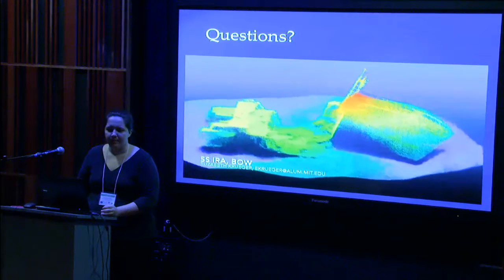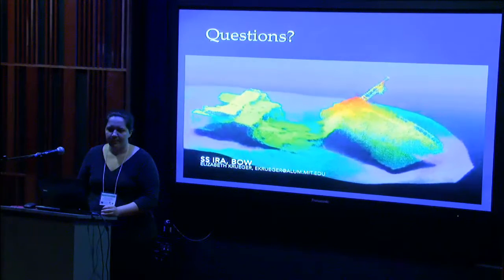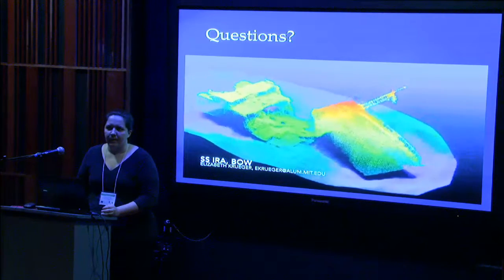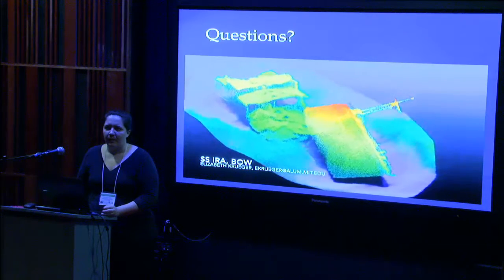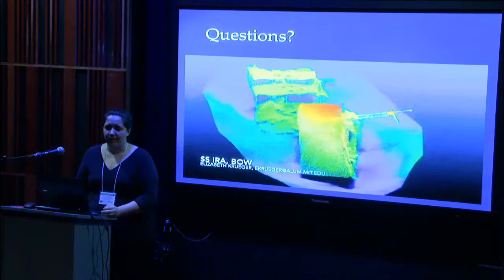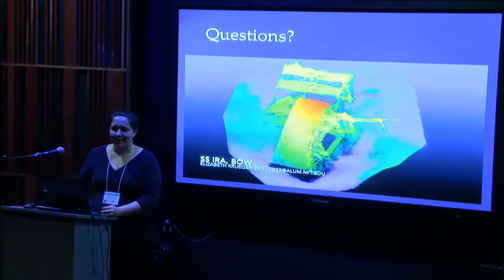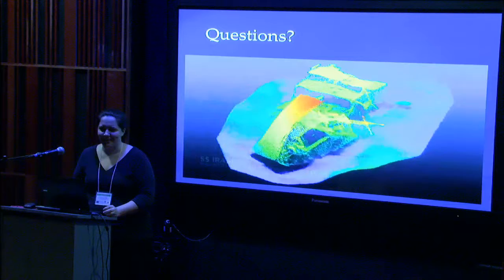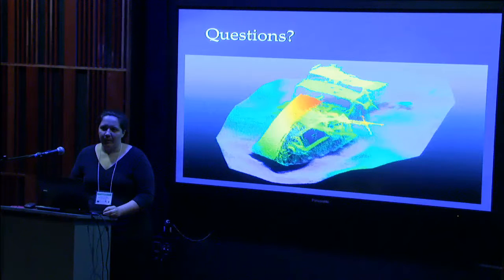Yes? What is the turbidity like in the Goodwin Sands, and would that affect the data that you're getting? I have not looked into the turbidity a whole lot. I mostly just trusted that the UKHO's surveys were pretty reasonable. I was wondering if this same kind of thing could be used in like the Mississippi River.